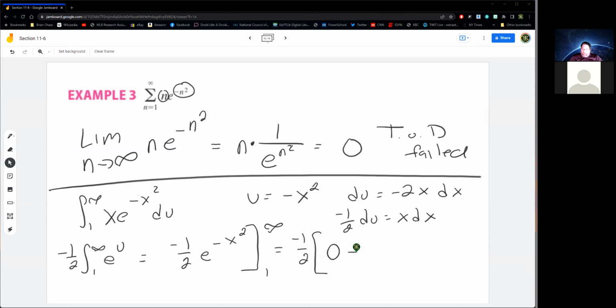Minus, if I plug in the 1, I get e to the negative first power, which is 1 over e. So I end up getting positive, or equals, 1 over 2e.